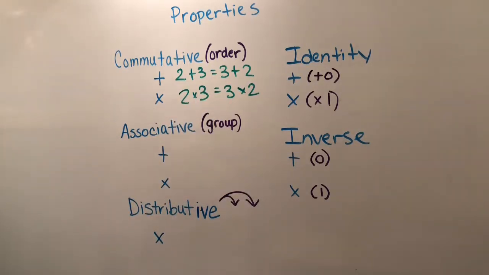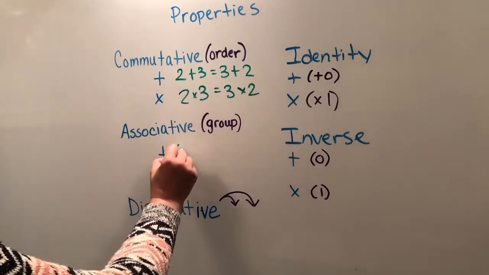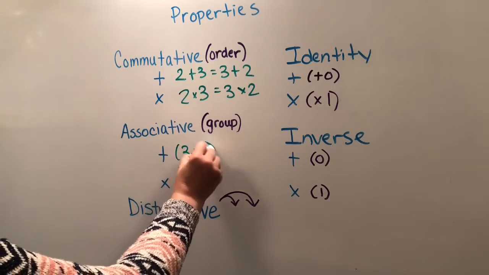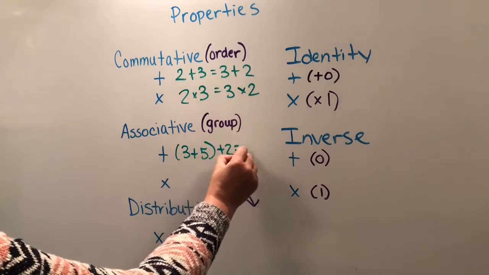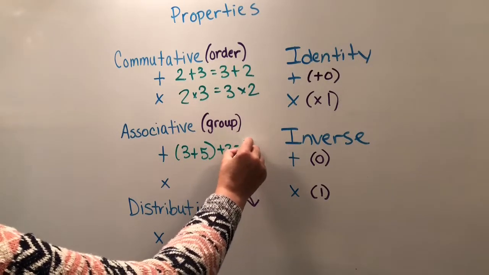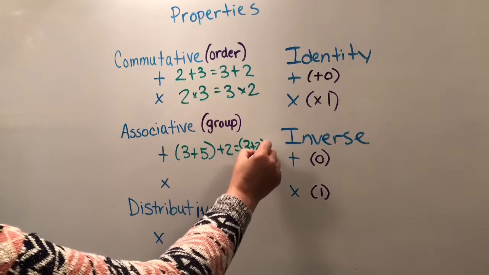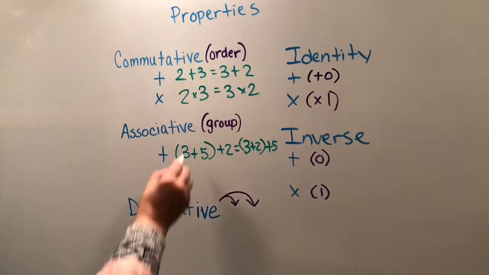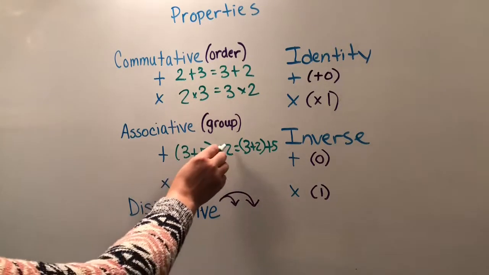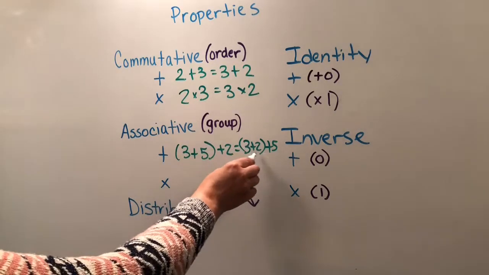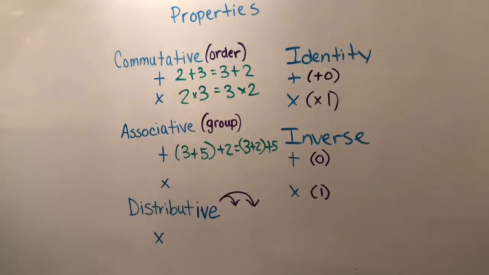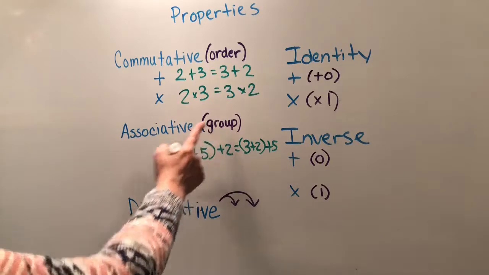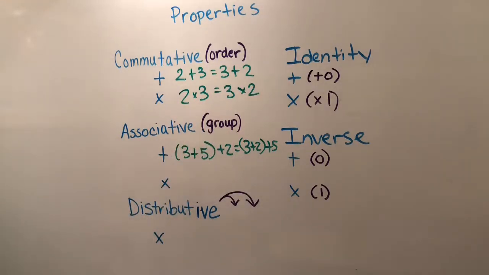For the associative, we look at grouping. Changing the group does not change the value. For example, 3 plus 5 plus 2 is the same as 3 plus 2 plus 5. 3 plus 5 is 8, plus 2 is 10. 3 plus 2 is 5, plus 5 is 10. Changing the group did not change the value.